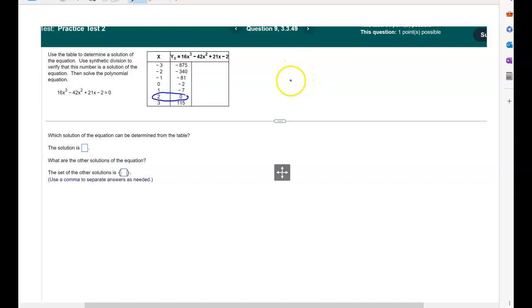Let's write down the coefficient of x cubed, which is 16, negative 42 as coefficient of x squared, 21 as coefficient of x, and negative 2 for your constant. Then you use x equals 2. We know that when x is equal to 2, it should be a 0. So we should expect a remainder of 0 when we perform our synthetic division.